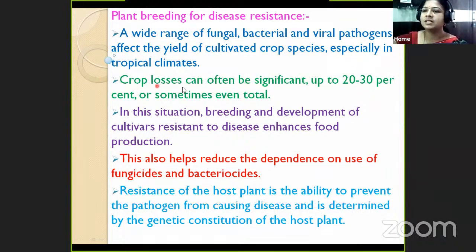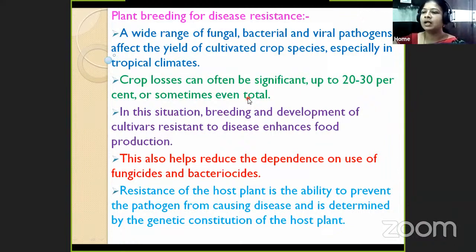Crop losses can often be significant, up to 20 to 30%, or sometimes even the total crop collapses due to these diseases, whether it is a bacterial disease, fungal disease or viral disease. For example, the most commonly observed fungal disease is red rust disease on wheat, caused by Puccinia graminis tritici.